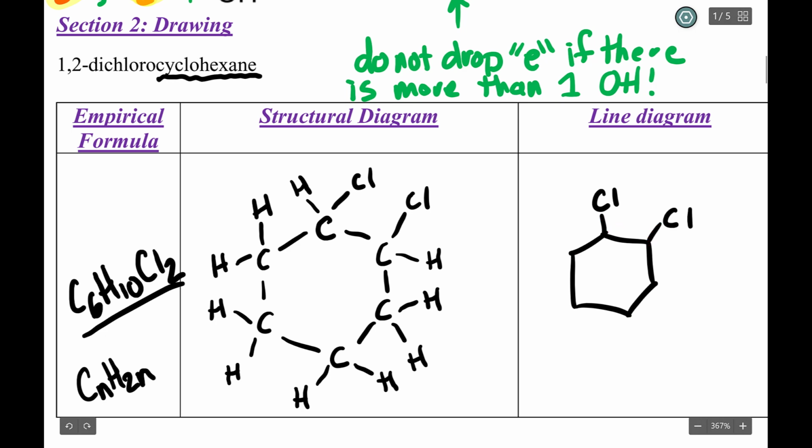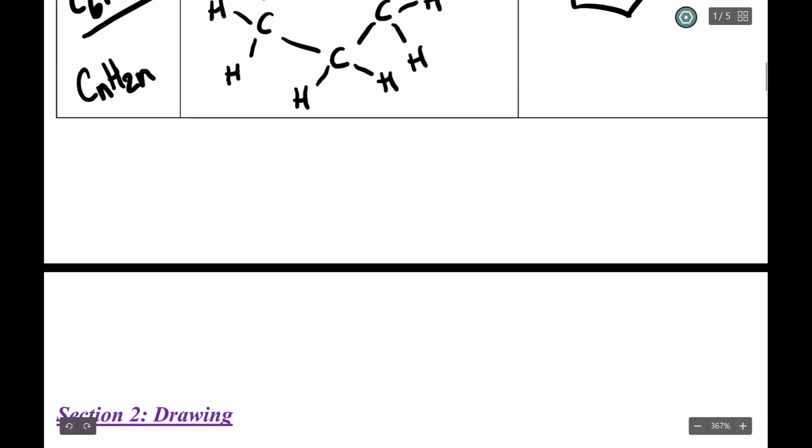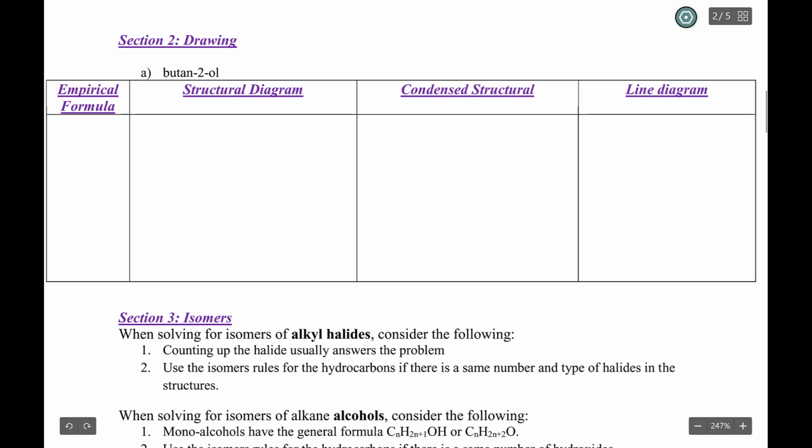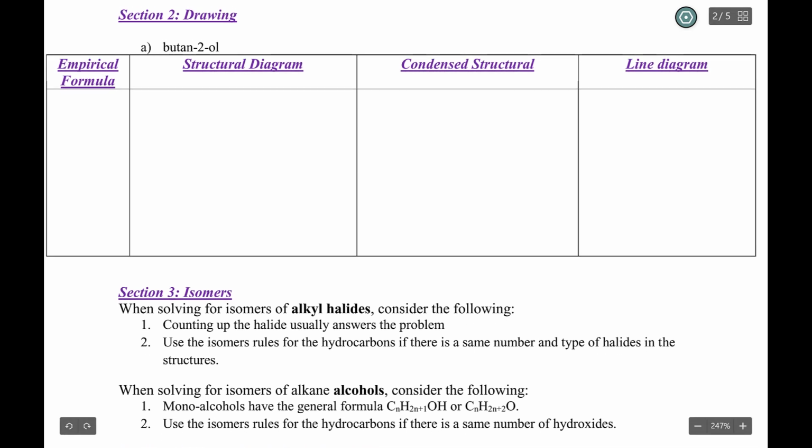The next one we're going to look at here is an alcohol, and so we're going to do all 3 diagrams, a structural, a condensed, and a line. What I do want to point out though is when we're dealing with formulas of alcohols, you can kind of write them one of 2 ways.